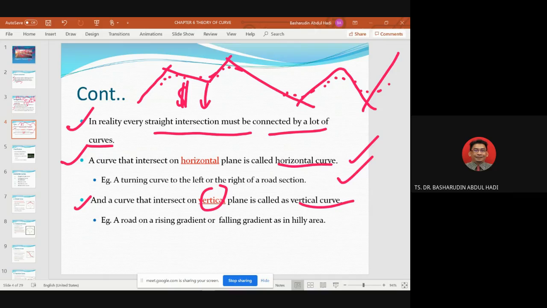Example, a road on a rising gradient or falling gradient in a hilly area like this. You're going up and going down. So actually this one is a straight line, right? So we alter this curve to make sure it's safe and your car does not fly or overturn at this point. Okay?